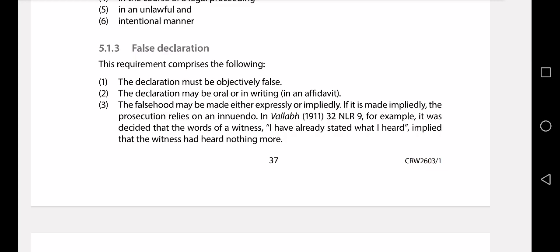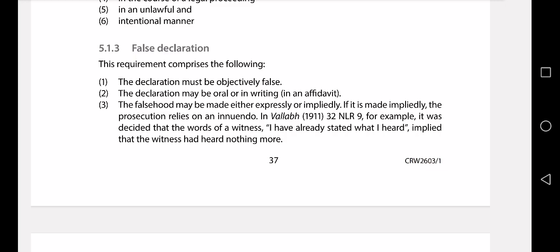This requirement comprises the following. The declaration must be objectively false. The declaration may be oral or in writing in an affidavit. The falsehood may be made either expressly or impliedly. If it is made impliedly, the prosecution relies on an innuendo.